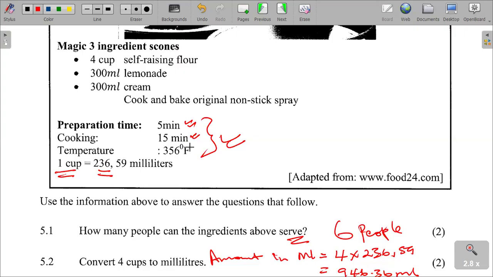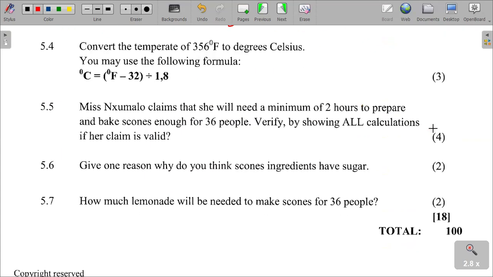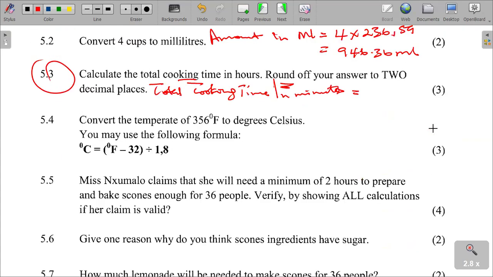So total cooking time is equals to 20 minutes. The question wants us to calculate total cooking time in hours. So total cooking time is 20 minutes.